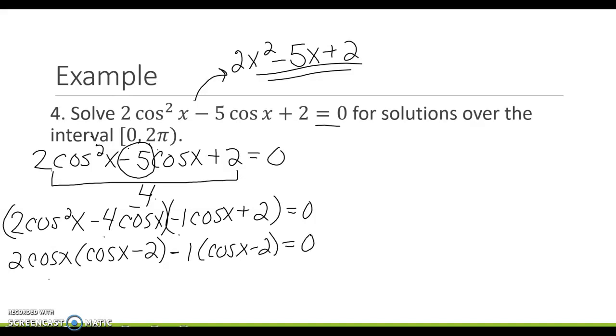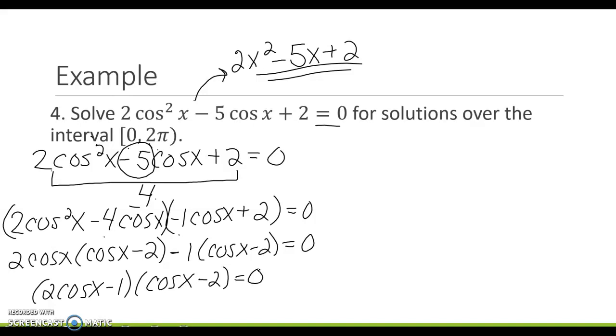And so now my two factors, 2 cosine of x minus 1 times cosine of x minus 2 equals 0. Okay, so that's the left-hand side of that equation in factored form.